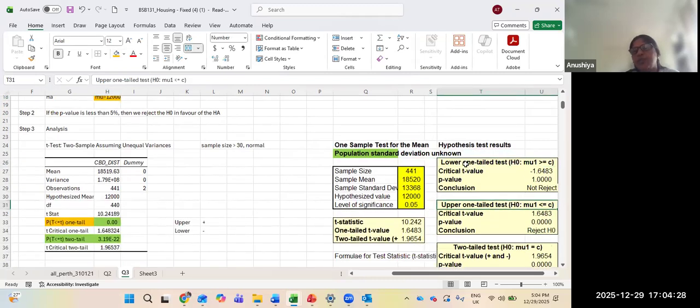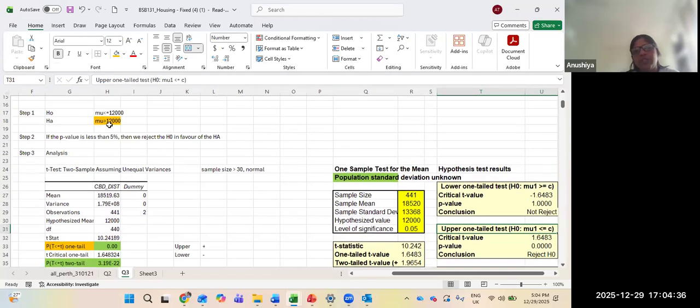The question is, are we going to use the lower one tail test or the upper one tail test? In our case, the alternative hypothesis is greater than, and the null hypothesis is less than or equal. So this is the upper one tail test.